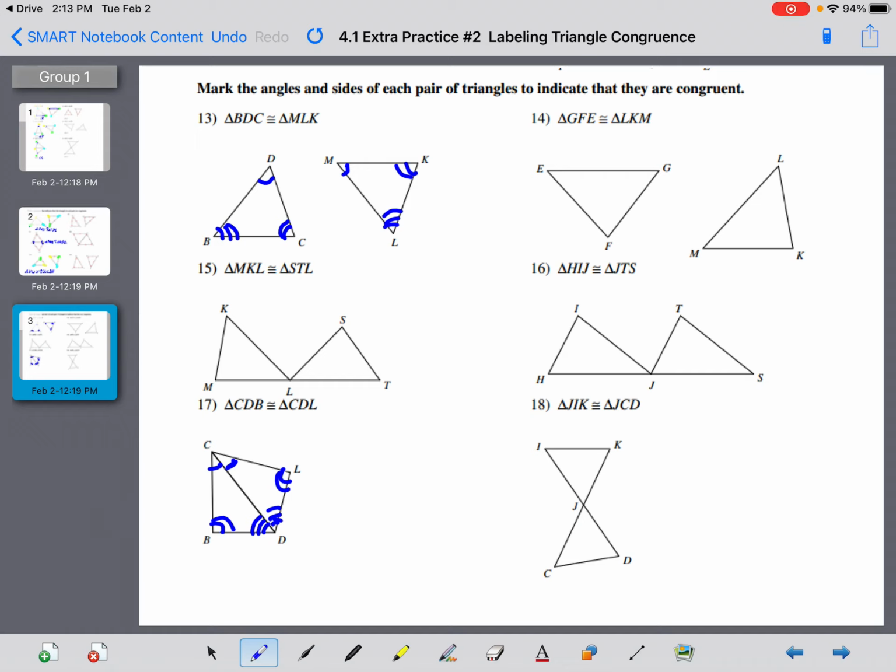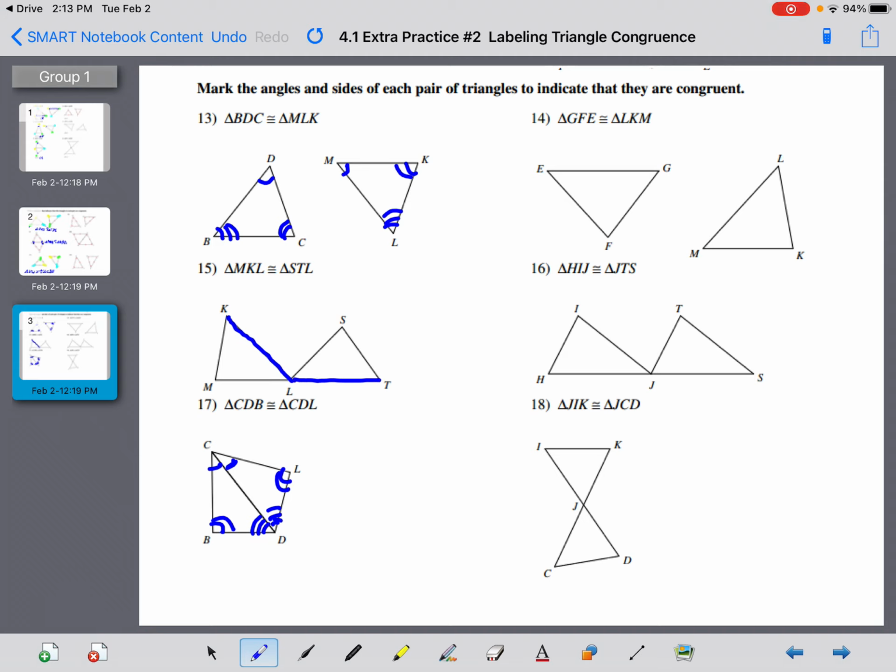What I'm seeing now is if we turn this triangle here, if you flip your paper upside down, okay, you're going to notice that those sides match up with the other triangle, which appears to be bigger, but it isn't. Okay, I'm going to show you.